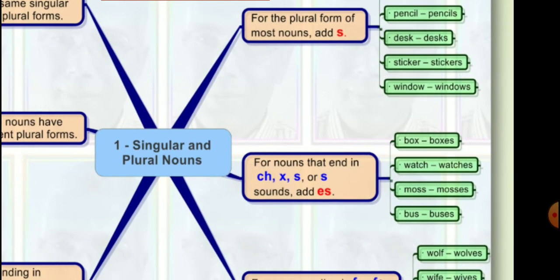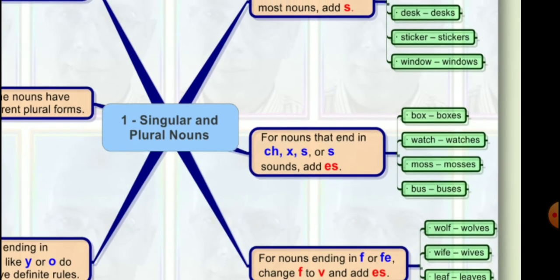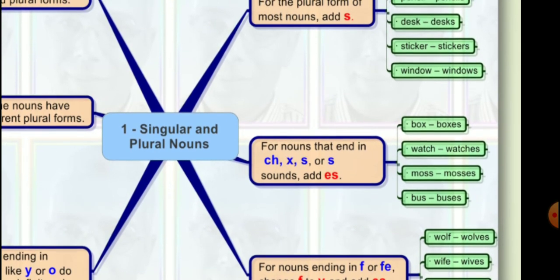The next rule is when the word ends with ch, x, or s, then to change that word into plural form, we add es as a suffix. You can see the examples. Box is singular. Here box ends with the letter x, and when we change it into plural form, we add es to it.